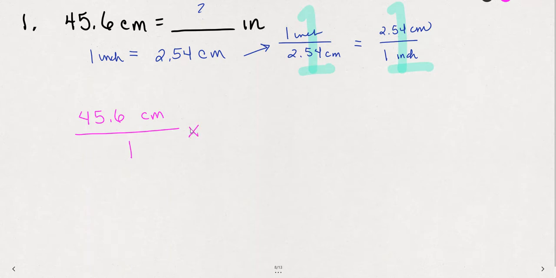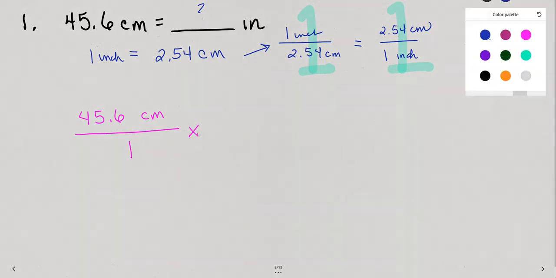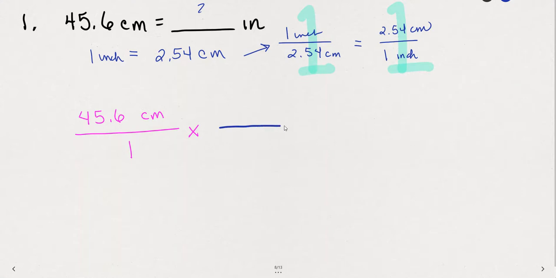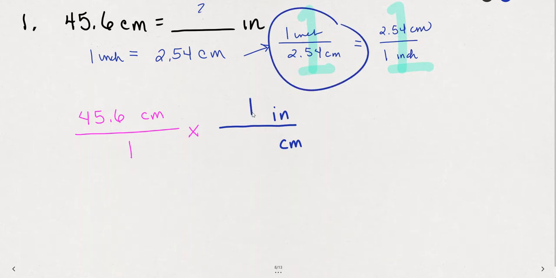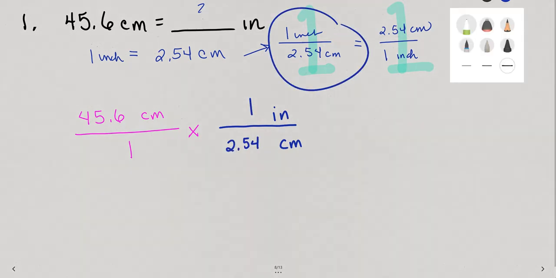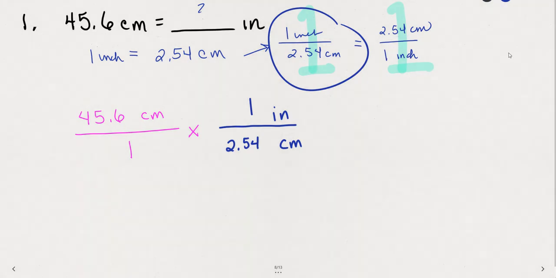And then I'm going to multiply it by the unit fraction that has the centimeters in the denominator and the inch in the numerator. The reason I chose this one, which is 1 inch over 2.54 centimeters, is because I want the centimeters over centimeters to divide out or to go away so that I'm left with inches.